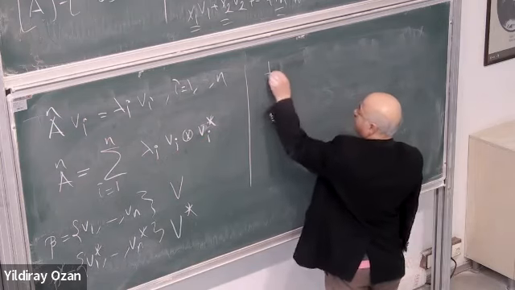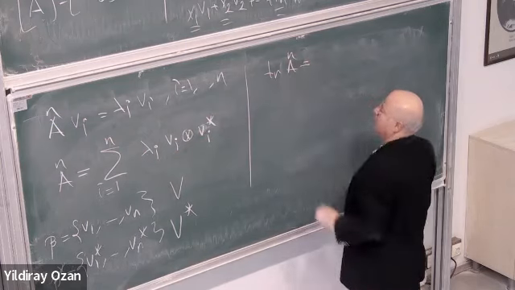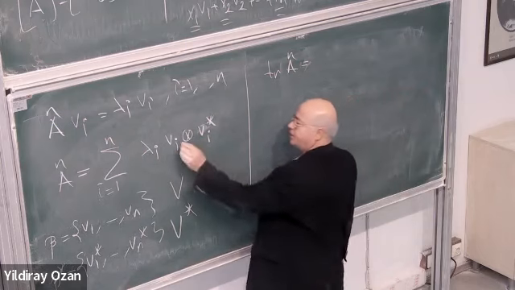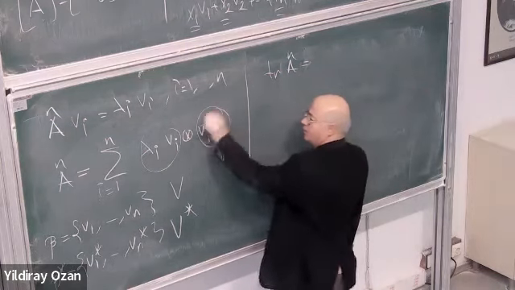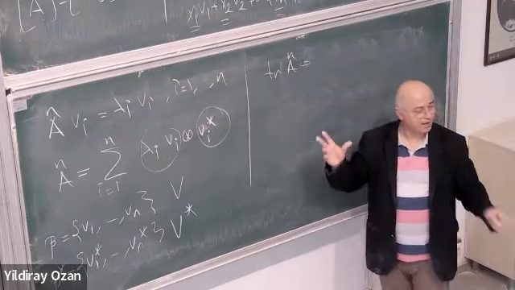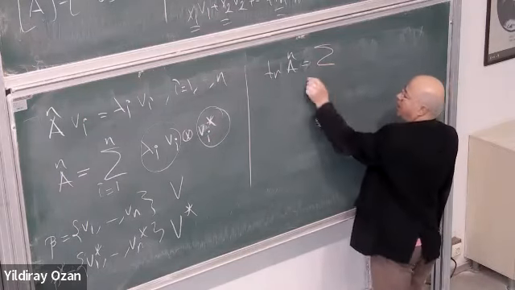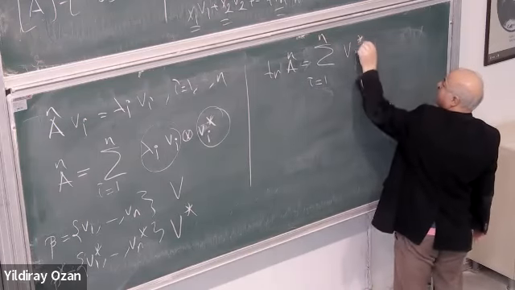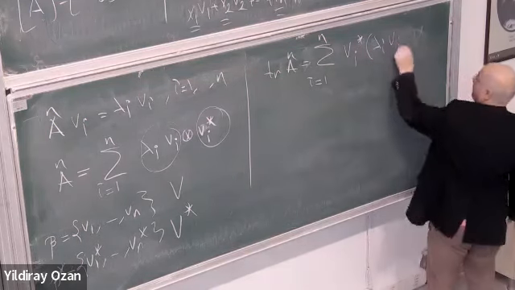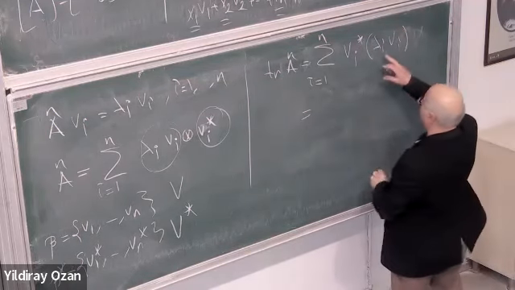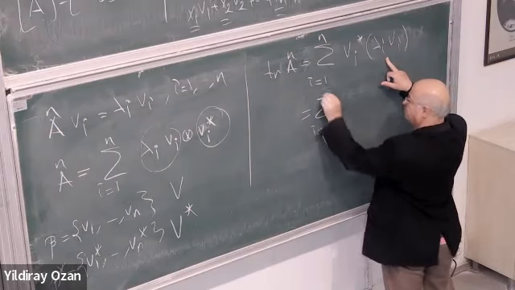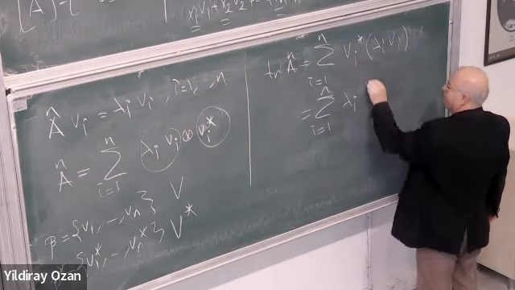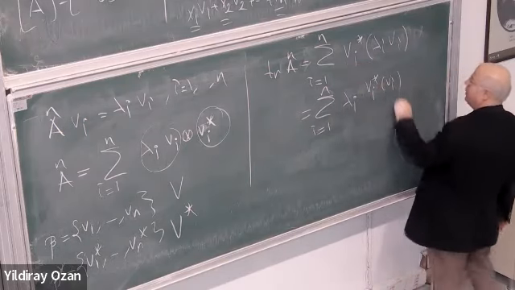What about the trace of A? Well, by definition, trace was what? You just feed this vector to this covector and then add them up. So this is just the sum over i from 1 to n of Vi star applied to lambda i Vi, but lambda i goes out, Vi star of Vi.